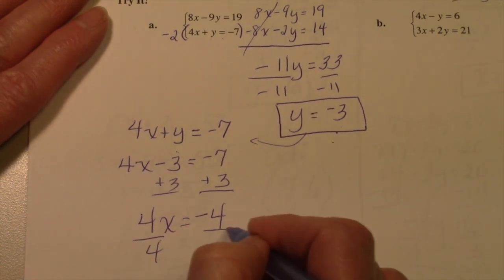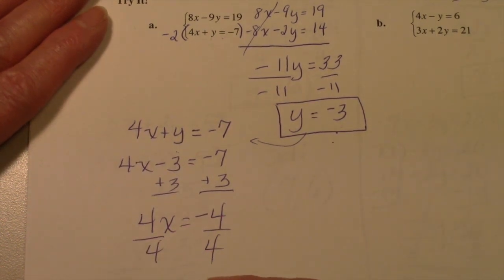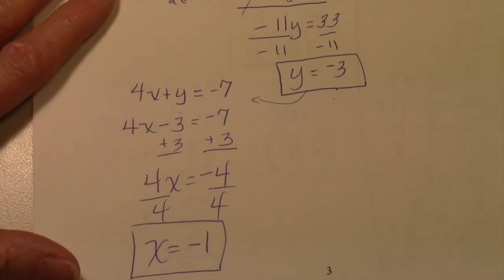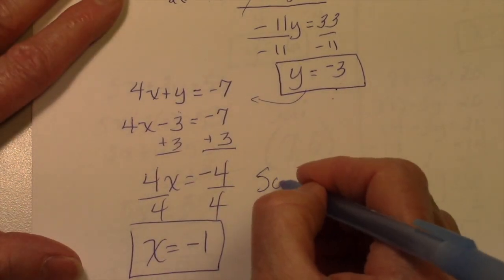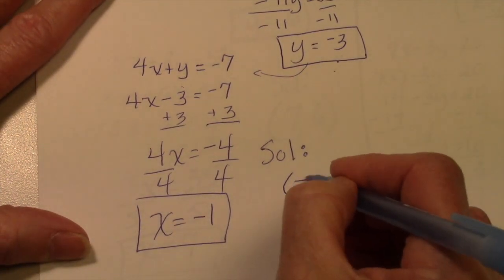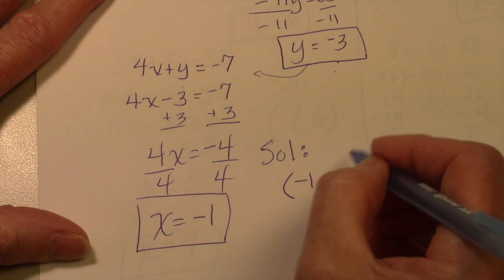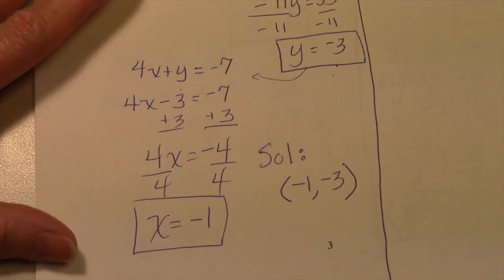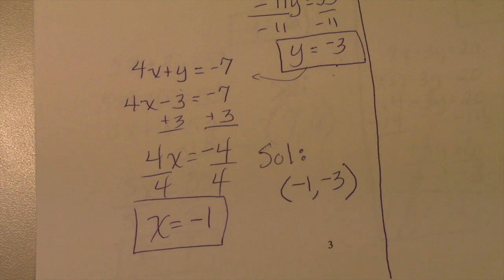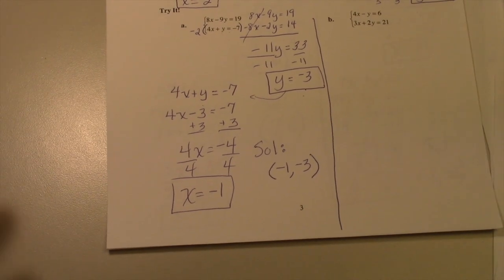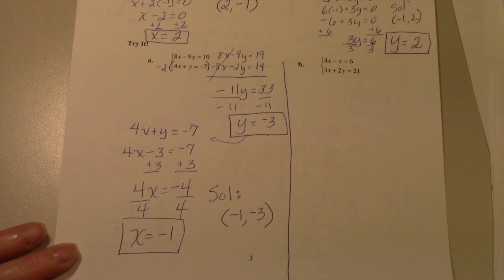Divide by 4, divide by 4. X equals negative 1. So the solution here is negative 1 comma negative 3. Okay?